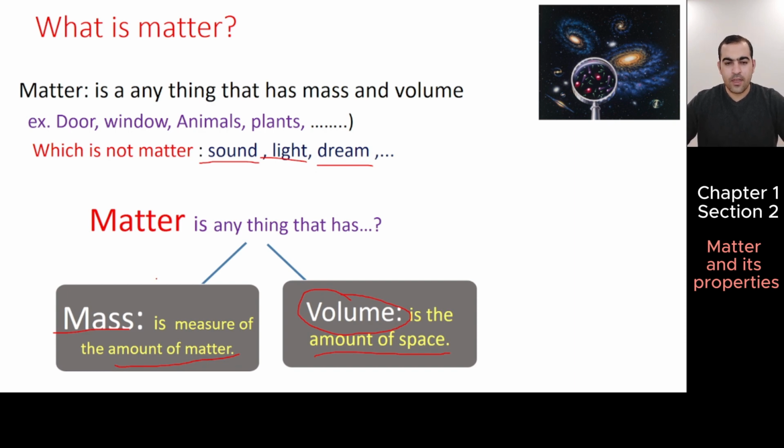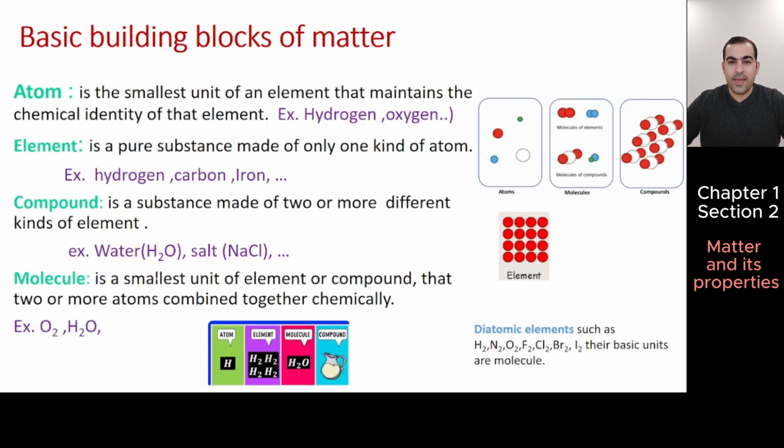Okay, let's continue. Basic building blocks of matter. Matter is made of what? What is the smallest unit of matter? Scientists say the atom is the smallest unit of matter, or we can say the smallest unit of an element, which maintains the chemical identity of that element.